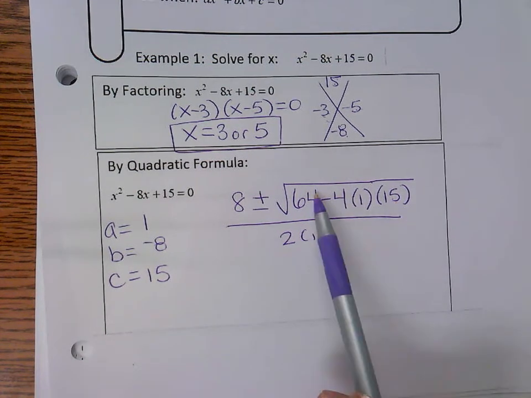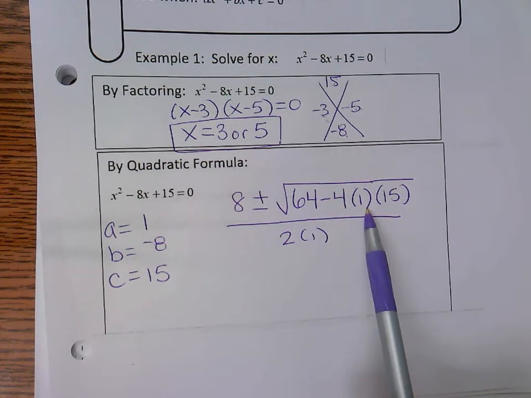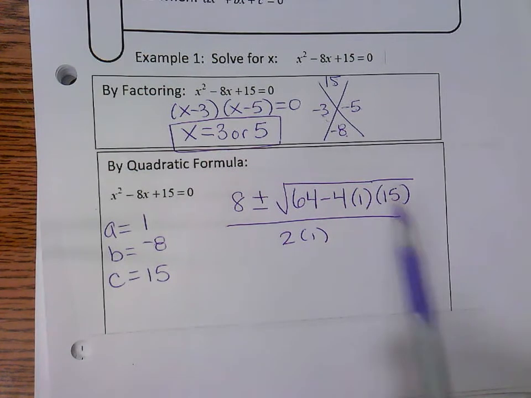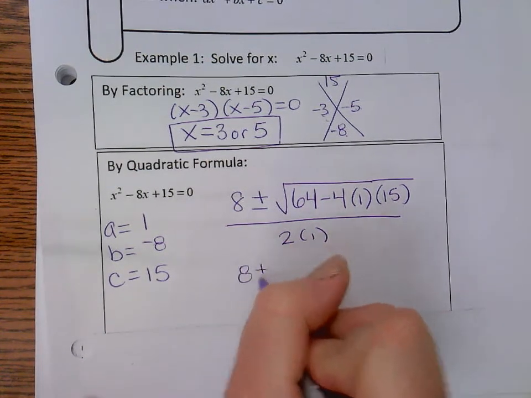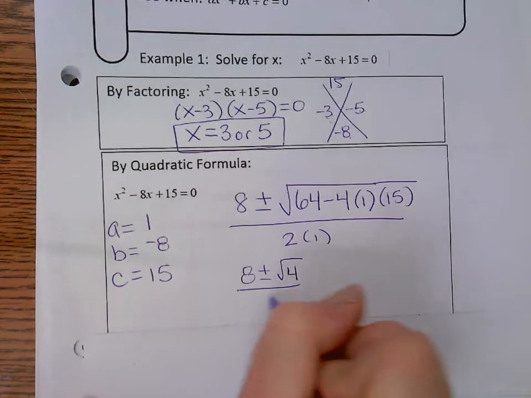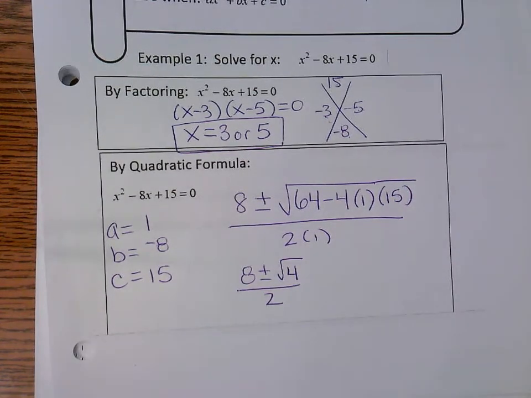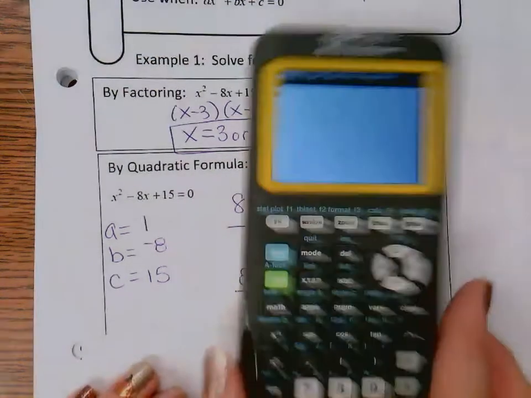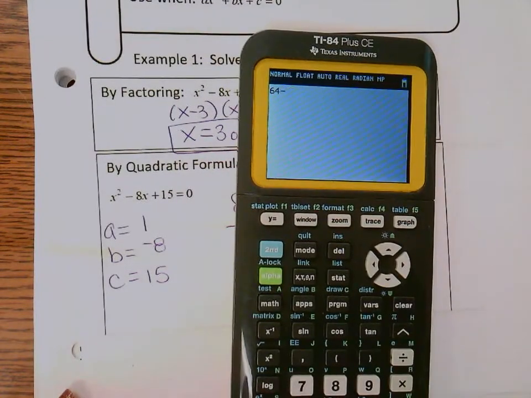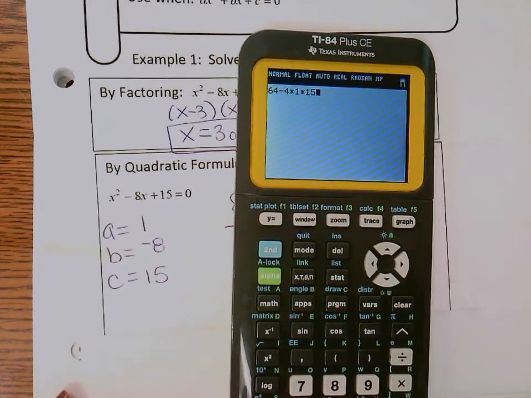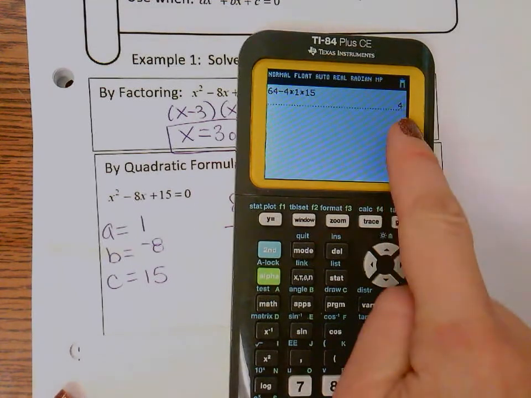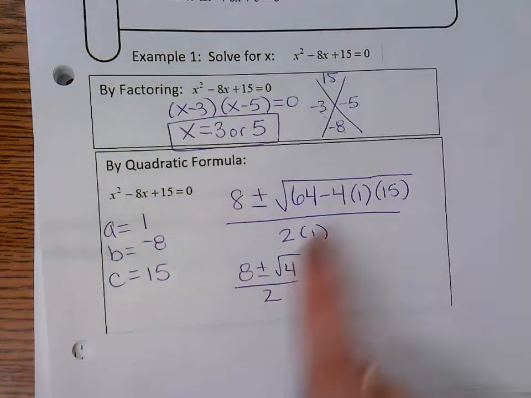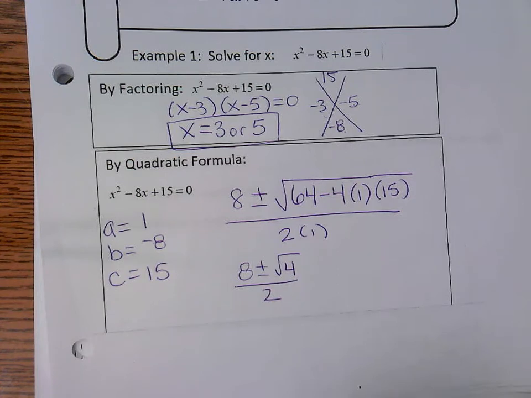So 64 minus 60 is just 4. So this is 8 plus or minus the square root of 4 divided by 2. And if you want to type that into your calculator, you just type in 64 minus 4 times 1 times 15 and hit enter. And so it's telling you 4 is the answer under your square root. What is the square root of 4?